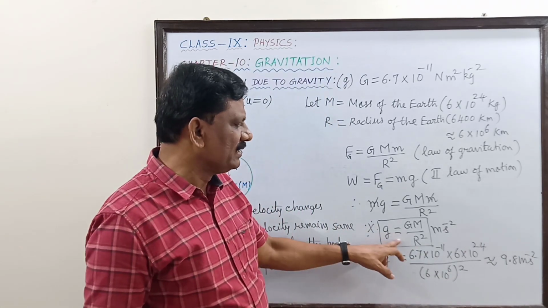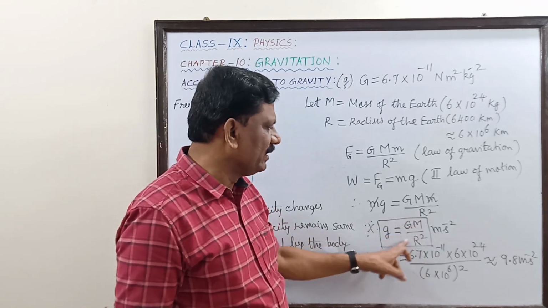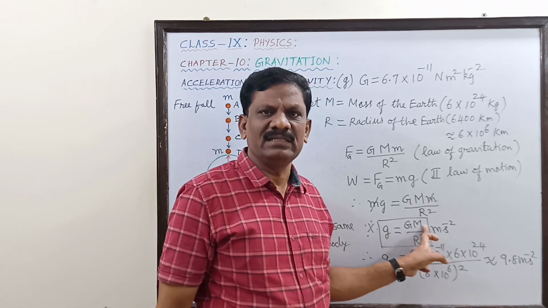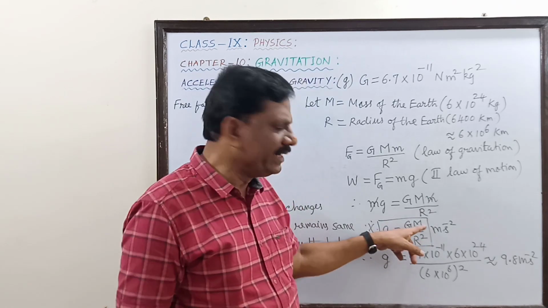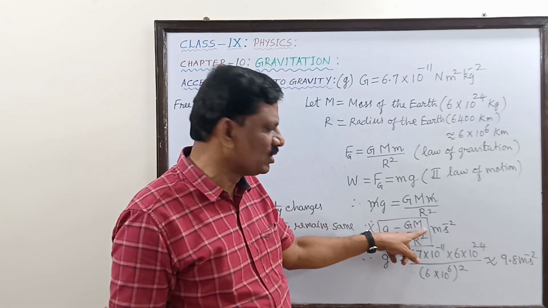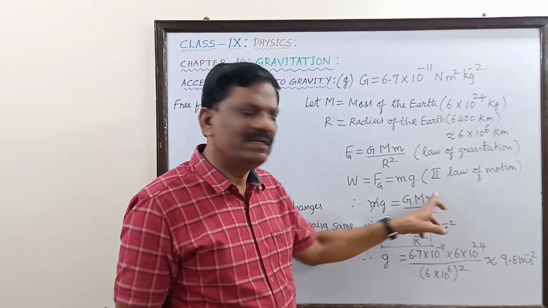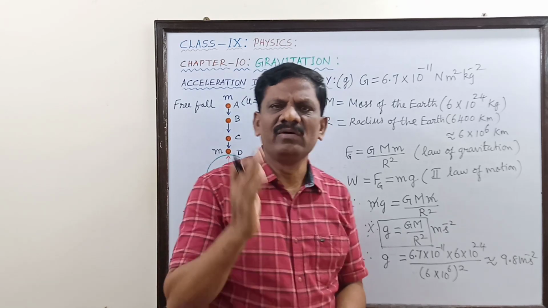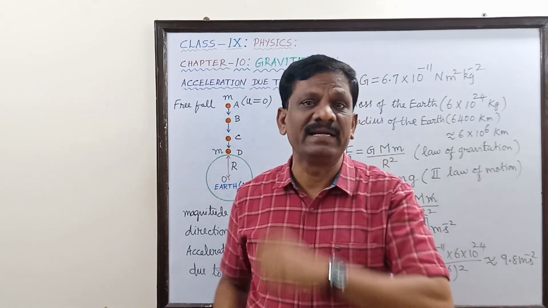Now look at this equation for small g. Here on the right hand side there is a term capital M, the mass of the earth on which the body is falling. There is no small m term, because it has been cancelled. So what does this indicate? The value of acceleration due to gravity is the same for a smaller mass as well as a greater mass.